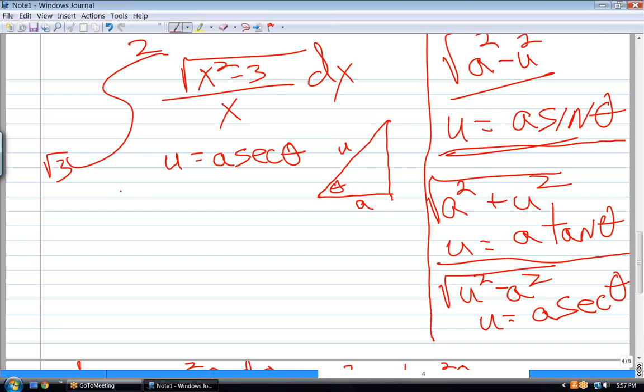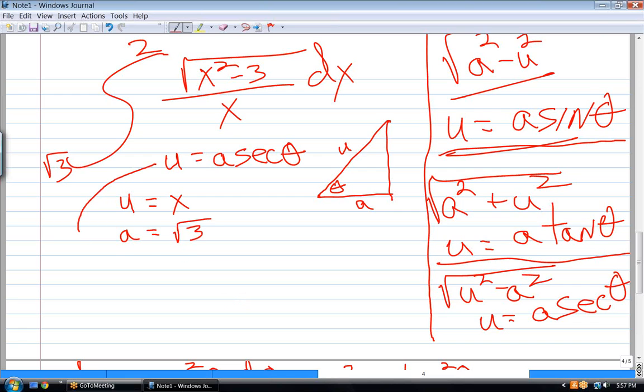Okay? And in terms of x and a, what is u in terms of x? U is equal to x, and a is equal to what? Square root of 3, right.